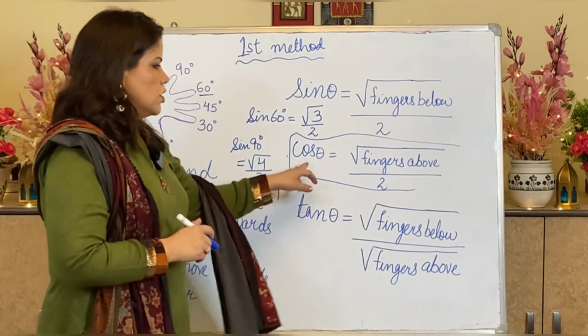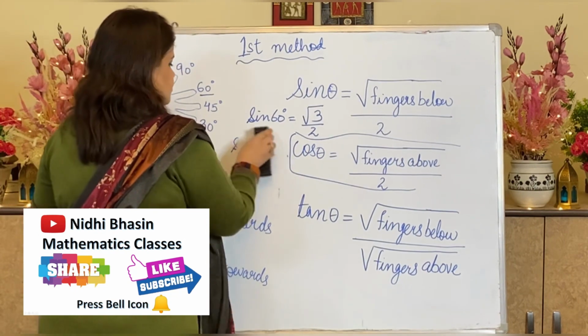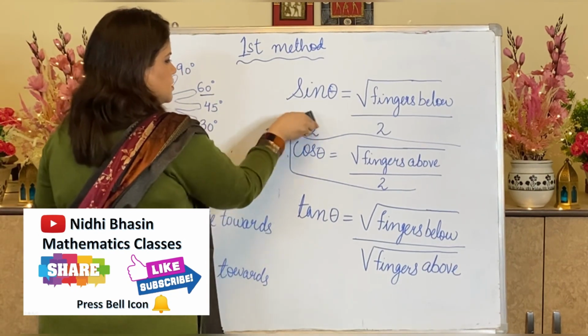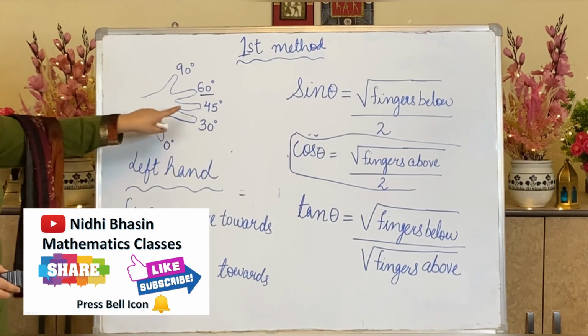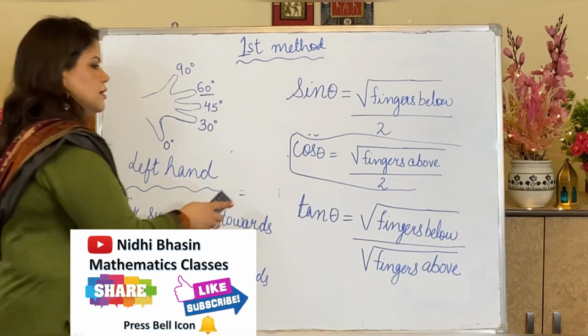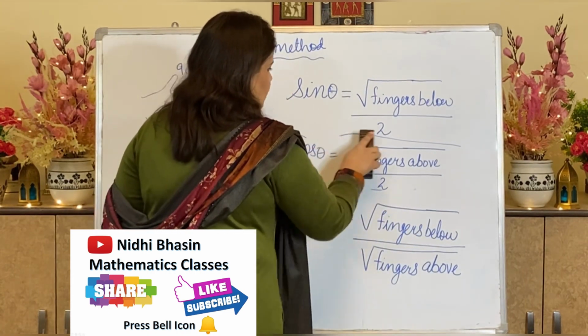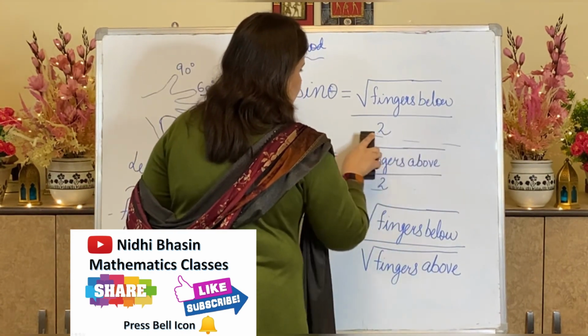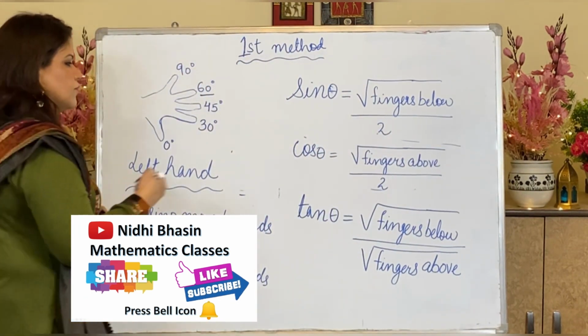Same way for cos theta. How will I find the values of cos theta now? I told you for cos theta, we have to find fingers above whatever value we have. And what will we do? We will move towards the pinky finger. So let's try cos theta values for different degrees. Cos of 30 degree.